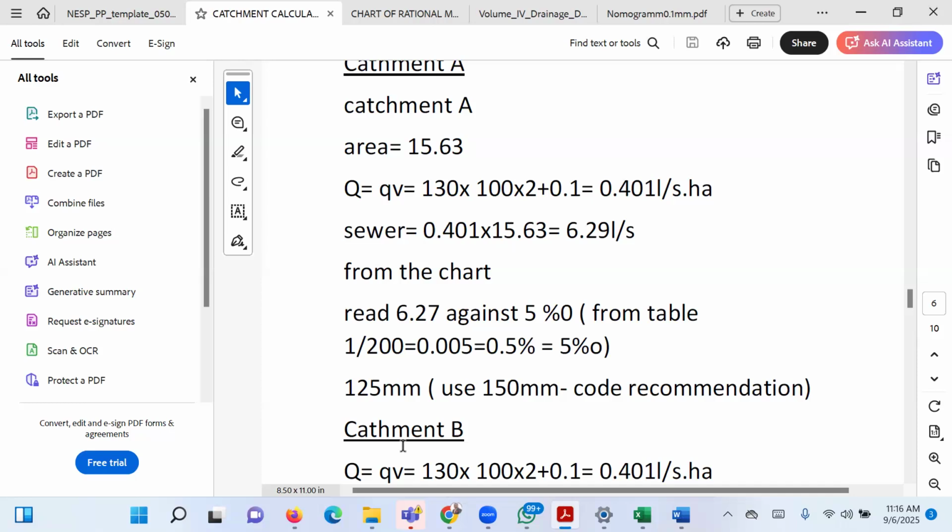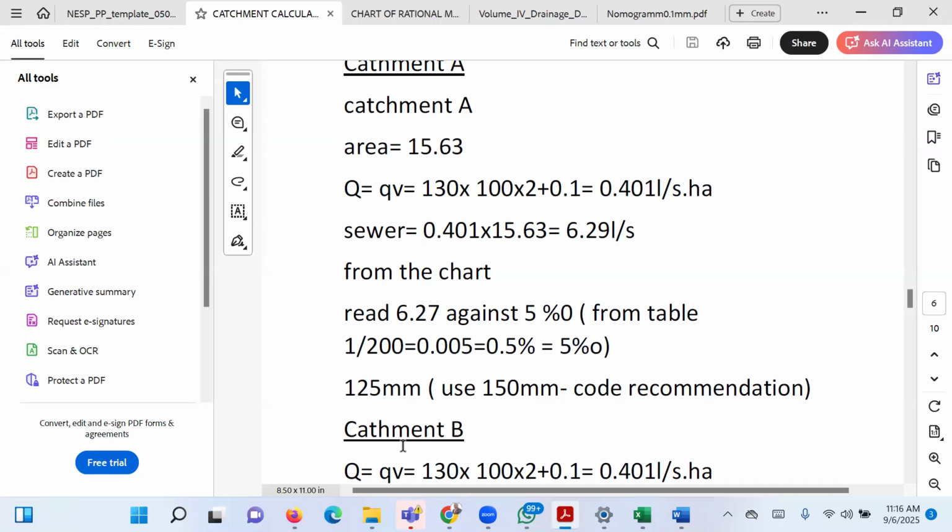Let me repeat it again. The standard design, whether Euro code, Indian code, British code, whatever code, all the codes are the same. It's just small differences to have some level of independence. It says that if you're designing a sewer network, the minimum pipe size to be used is 150 mm or 6 inches.